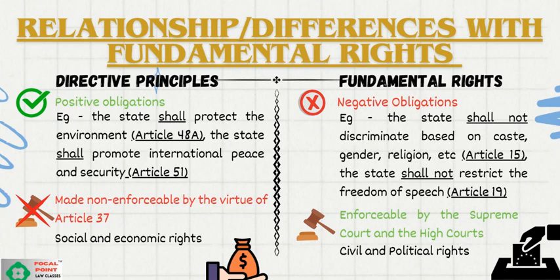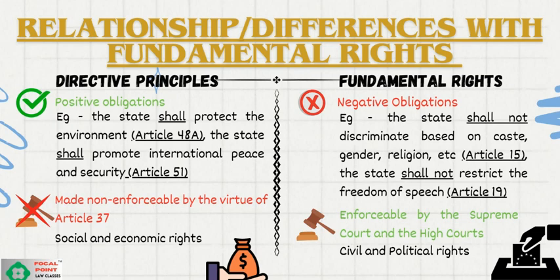Next, directive principles are made specifically non-enforceable by virtue of Article 37, and on the other hand, fundamental rights are made enforceable by the courts like we saw previously. Last, it must be remembered that directive principles include social and economic rights, and in contrast, fundamental rights are civil and political rights.